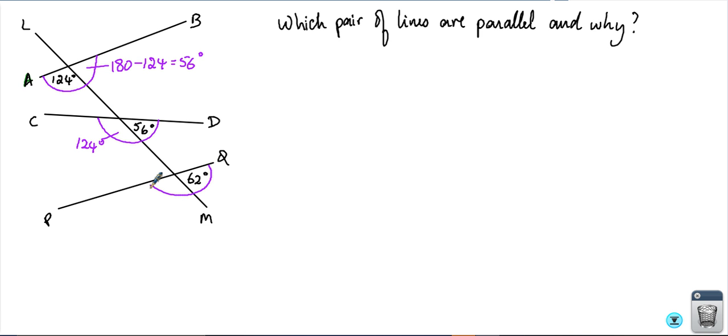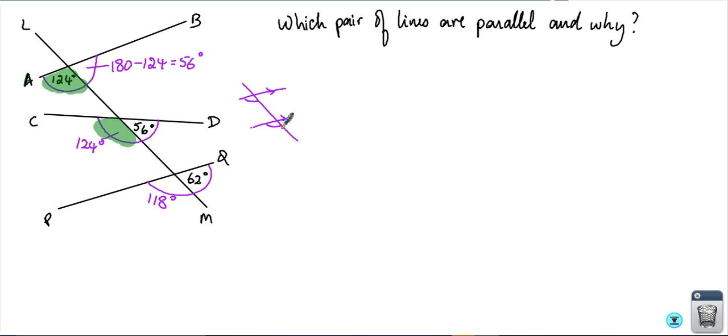We have 62. So here we have 118 degrees. Now, as we can see, this angle here, for example, is equal to this angle here. So in reality, those two lines, because we have two equal angles, should be parallel.